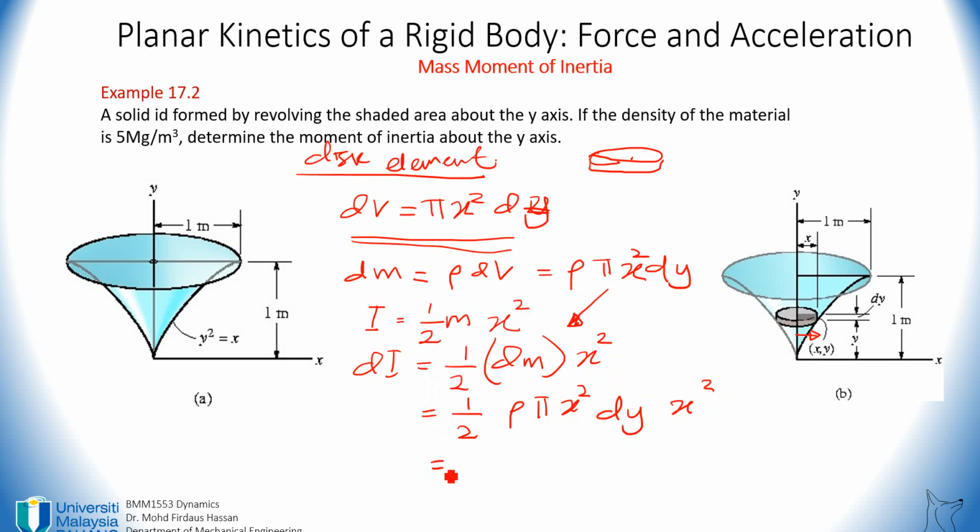So you can say that dI is equal to half rho pi x to the power of 4 dy.